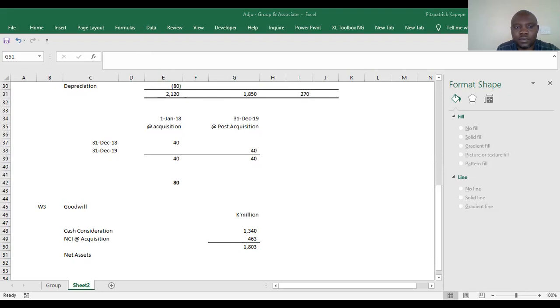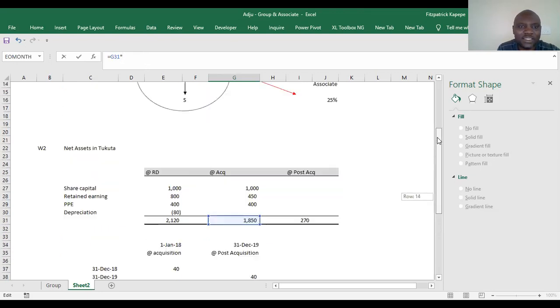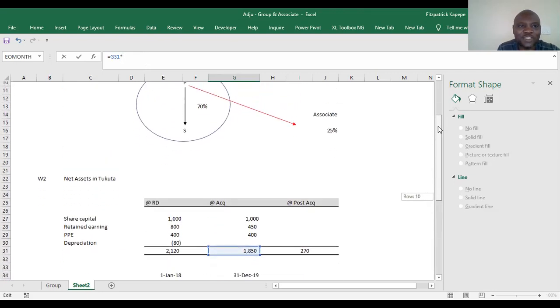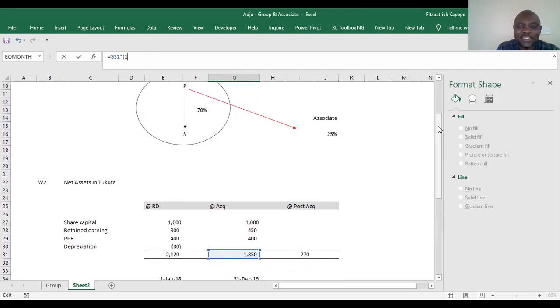Oh, the net assets of the subsidiary is not 25%. 25% is for the associate. It's supposed to be 30%. So I'll get in there and do that.